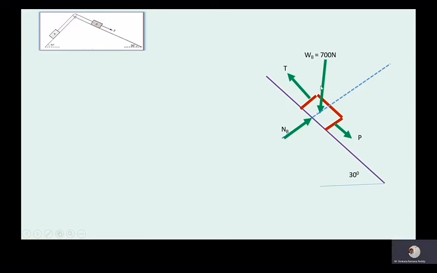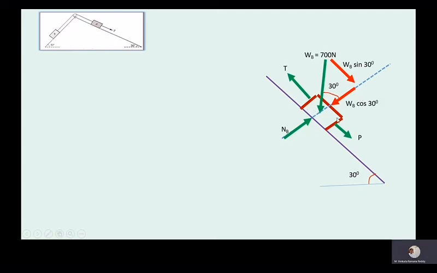And then resolving the weight component, normal as well as along the incline. Because this incline is making 30 degrees to the horizontal, the weight force also makes an angle 30 degrees to the normal. WB sin 30 and this is WB cos 30.